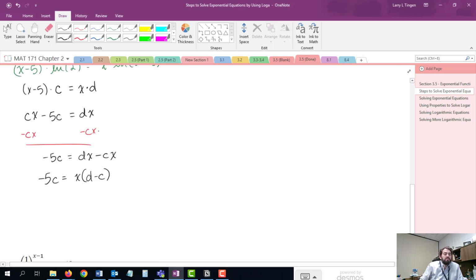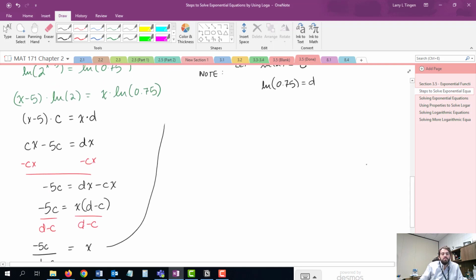And I want x by itself. x is currently multiplied by d minus c. Well, how do I get rid of it? If x is multiplied by something, I divide both sides by it. And I now end up with x is equal to negative 5c over d minus c.